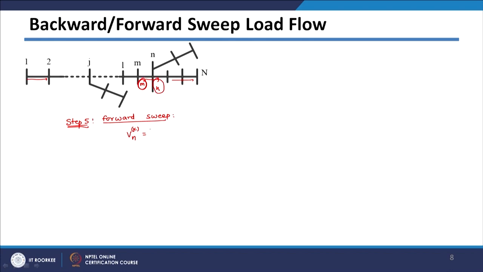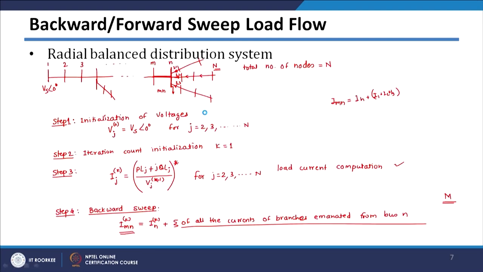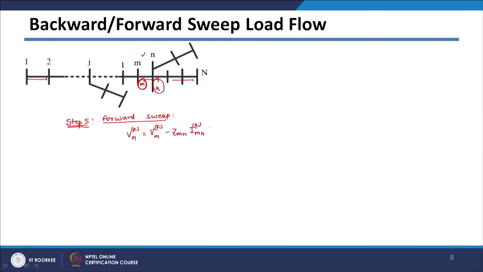So, voltage of mth node, which is already known, minus the impedance of this branch, say Z_mn, and current flowing through this branch is I_mn at the kth iteration, which we already calculated in step 4. So, this will be available from step 4, and this voltage of bus m we already calculated in the same step, but before calculating voltage at nth node.